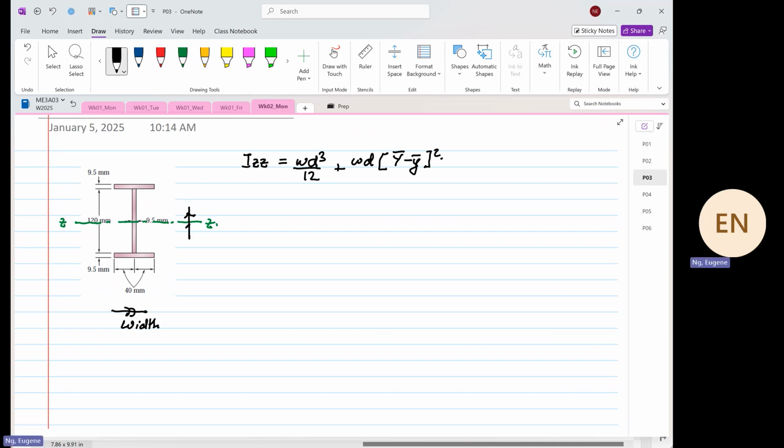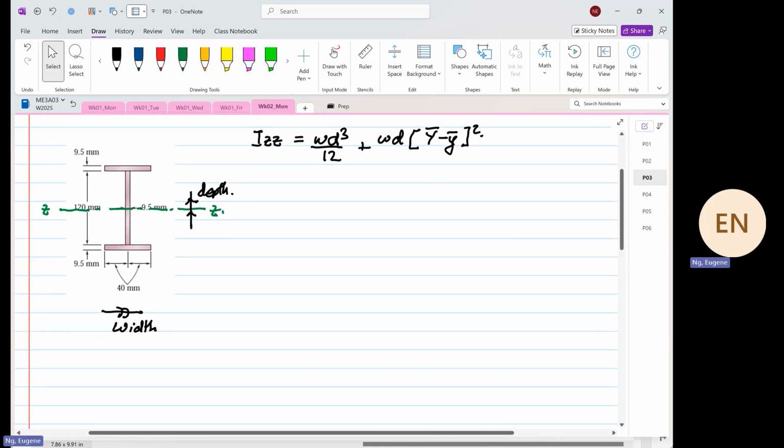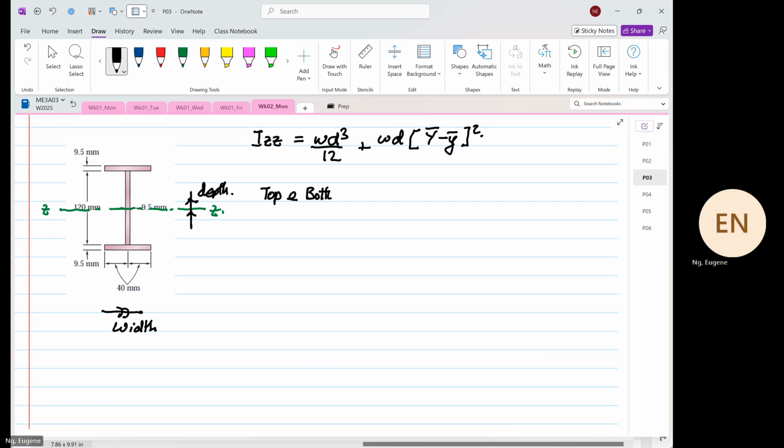And this is going to be our depth. Okay. So now we are no more confused. Very important not to be confused with all this. So now we are going to do the top and bottom flange.